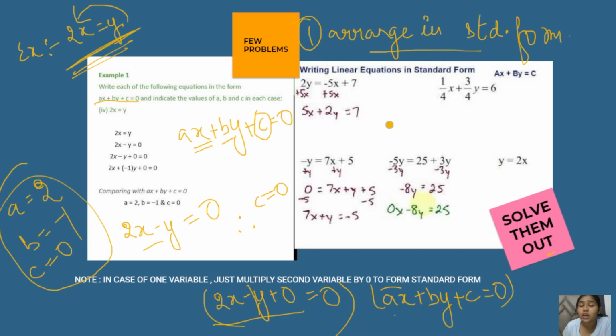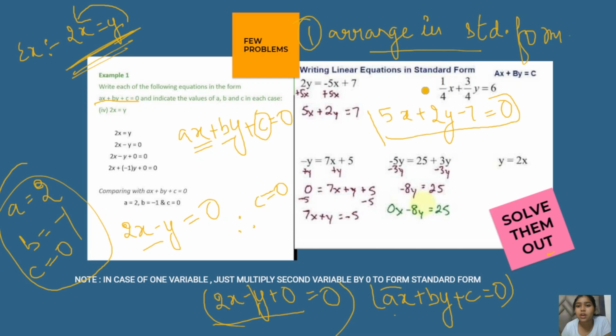So you just have to shift the terms. Minus 5x will be shifted to the left side, so it will become 5x plus 2y minus 7 equals 0. This is how you write this equation in a standard form.